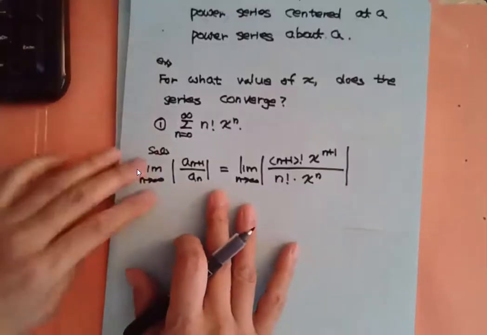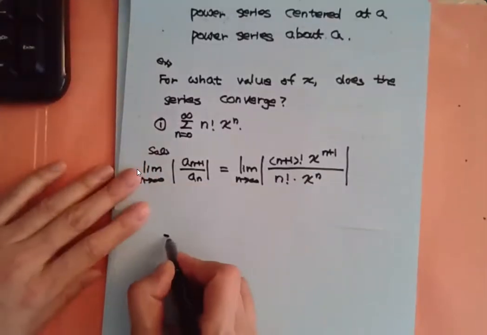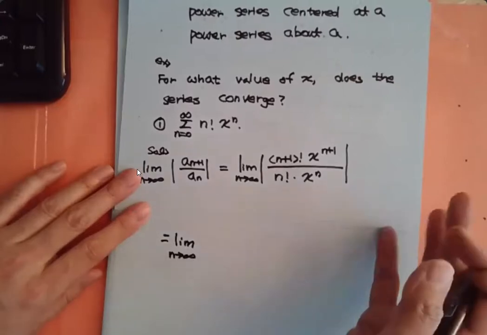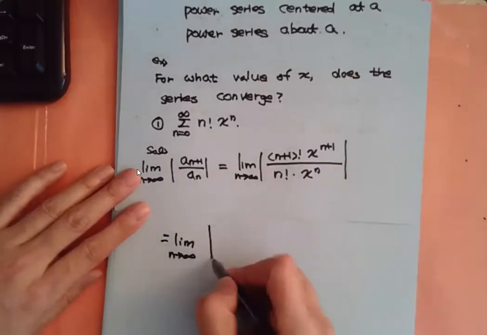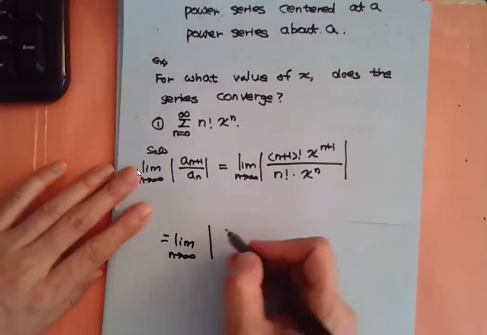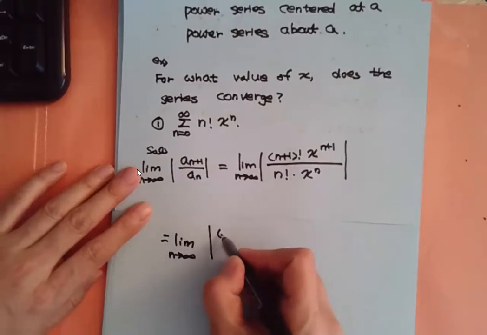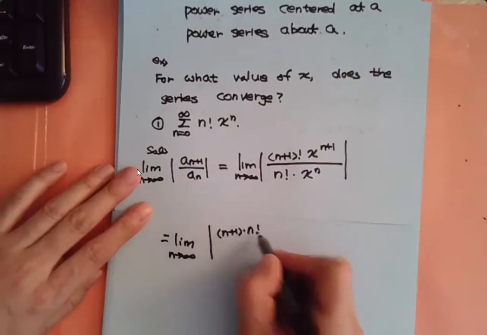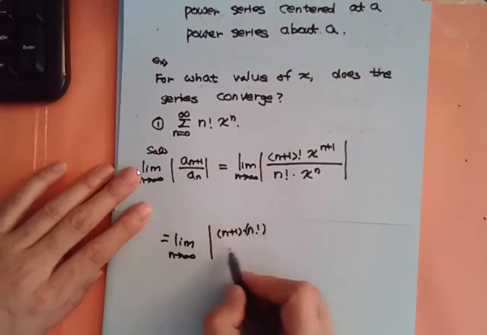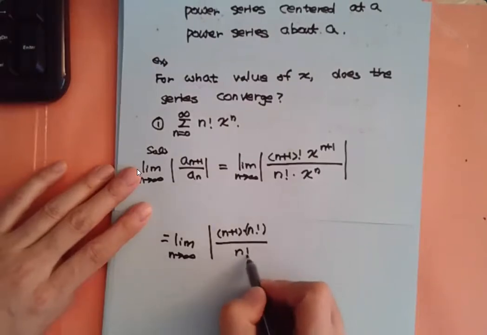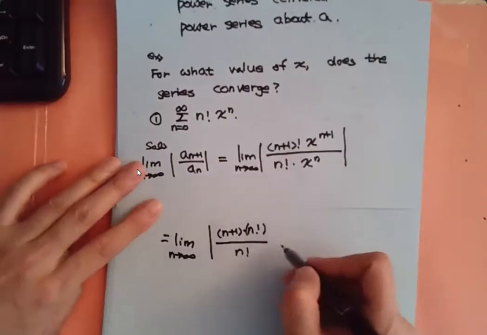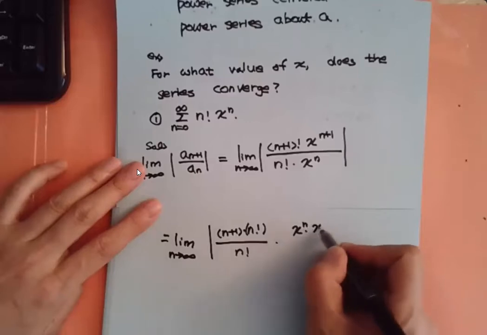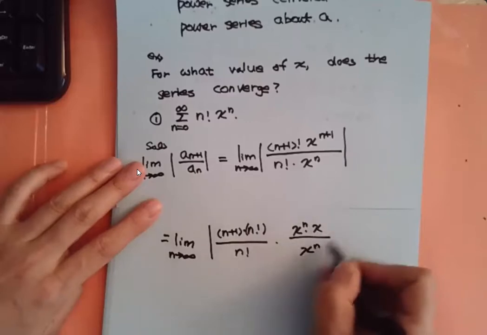So we already know that that can be written as limit as n goes to infinity. n plus 1 factorial is n plus 1 times n factorial over n factorial. And then the second one is x to the n plus 1, so x to the n times x over x to the n power.